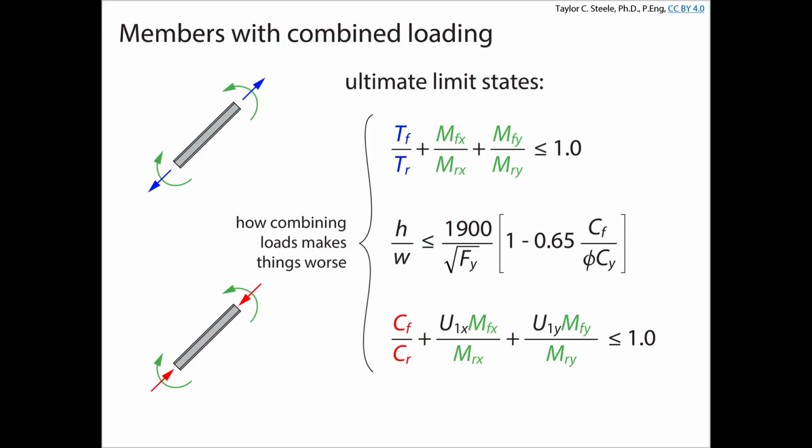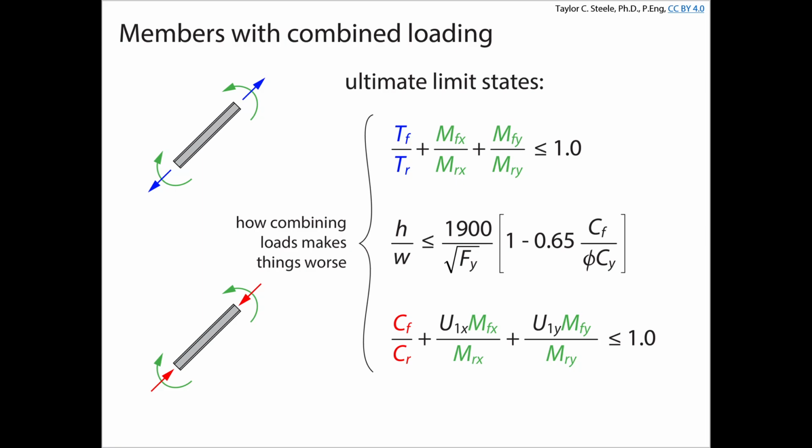just introducing the concept today, but we're going to be seeing a whole bunch of different equations that look a little bit funny. Usually we calculate MR, make sure it's less than or equal to MF. Sometimes we calculate CR, make sure it's less than or equal to CF. What we're going to be doing from now on is calculating TR and MR or CR and MR, and we're going to take the combined utilizations, so to speak, and these are called interaction equations.